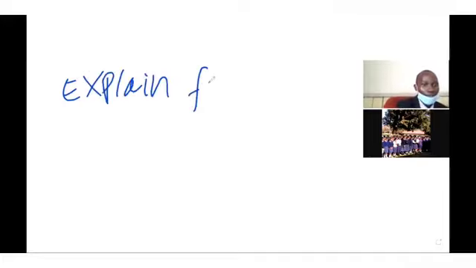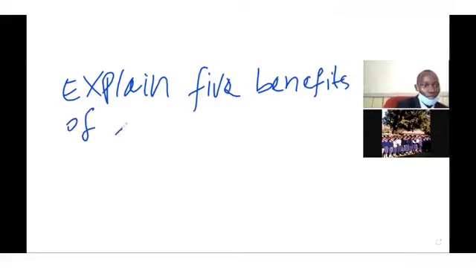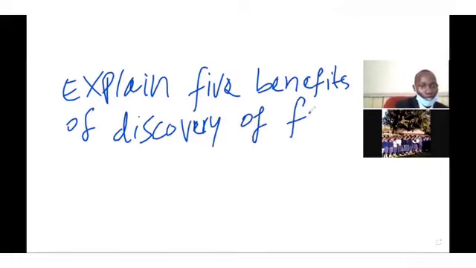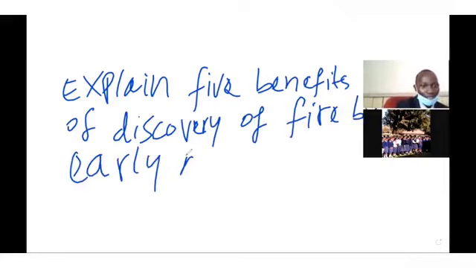Explain 5 benefits of discovery of fire by early man. Student is asked, explain 5 benefits of discovery of fire by early man.